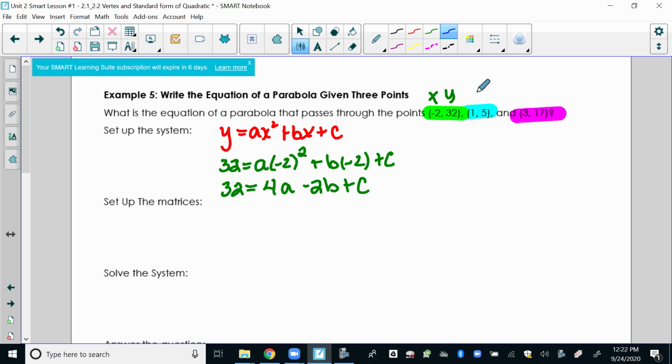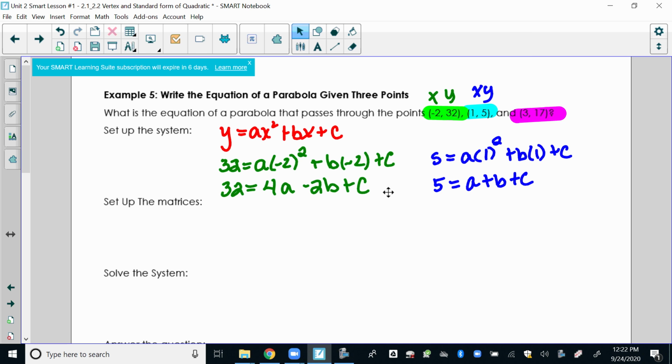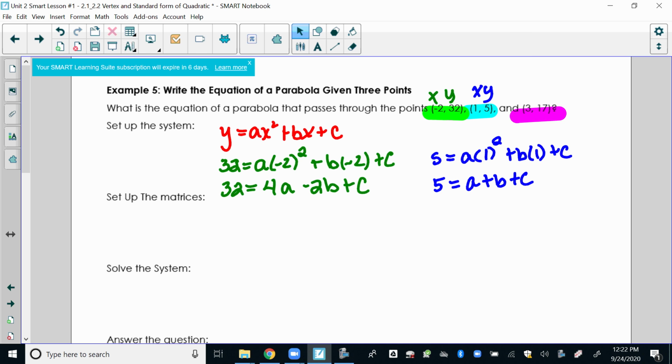Using our other set of x and y, we get the equation 5 equals a times 1 squared plus b times 1 plus c. So we get 5 equals a plus b plus c.